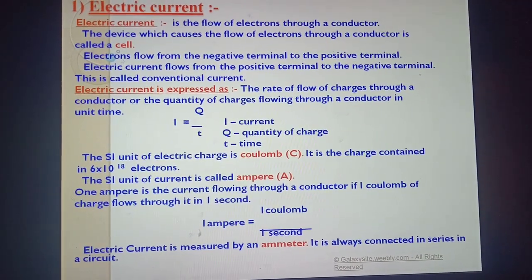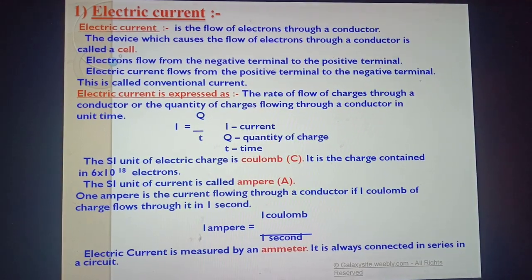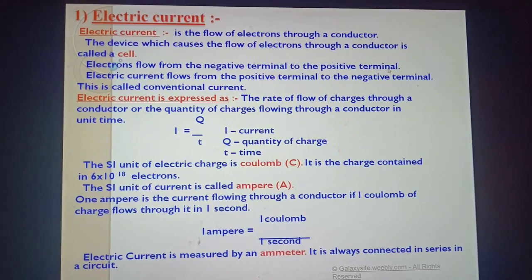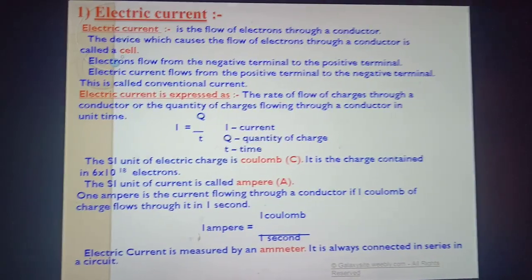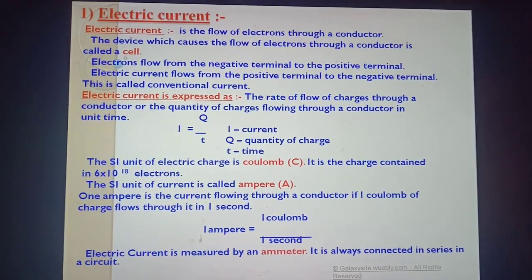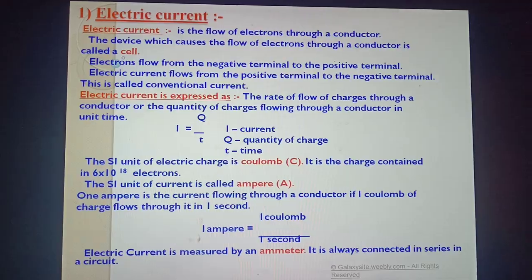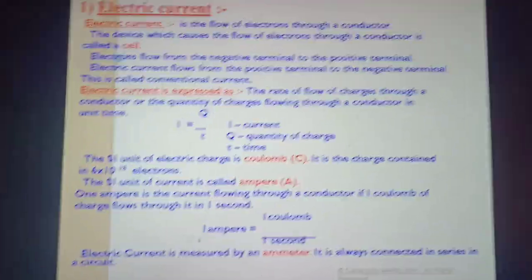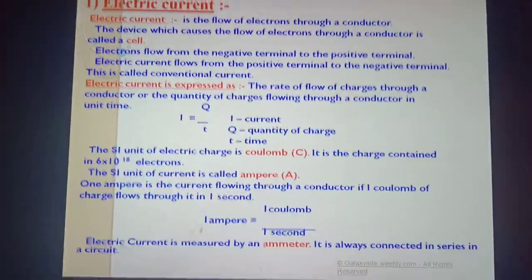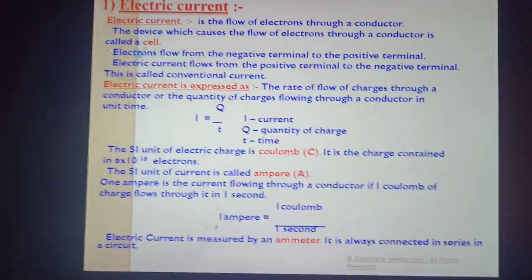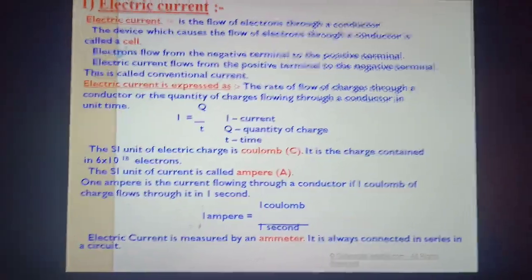The electrons always flow from the negative terminal to the positive terminal, right? The negative terminal has a high quantity of electrons, while the positive terminal has a lower quantity, and matter flows from high to low level. So that's why the electrons flow from the negative terminal to the positive terminal.